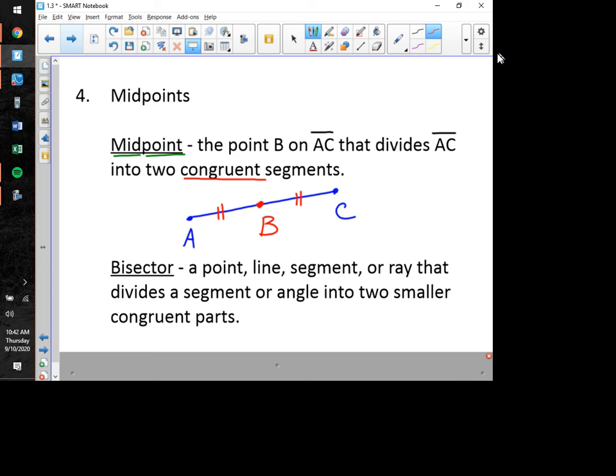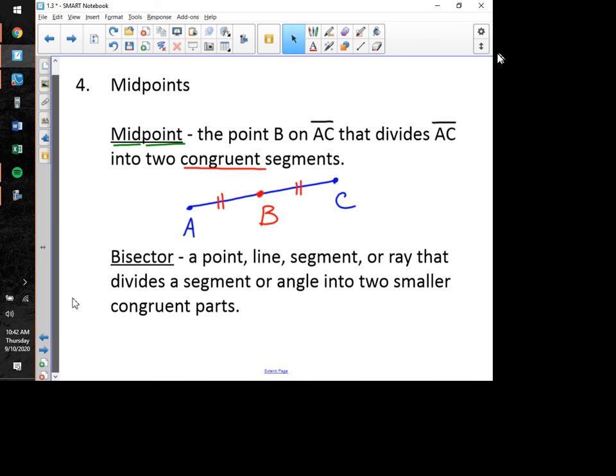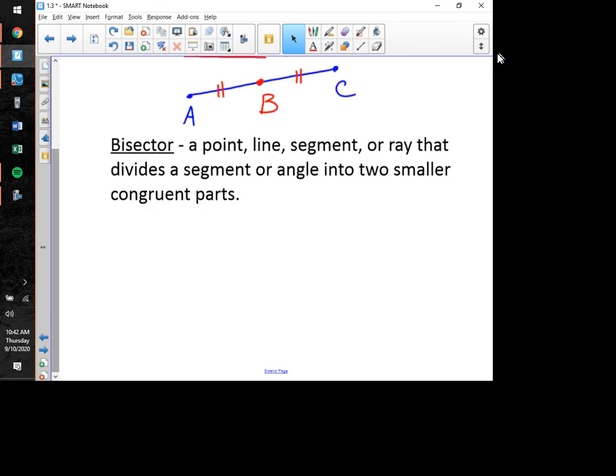Now, another word that goes along with midpoint, but is actually a slightly less specific version of that, is the word bisector. And if we think about what that word means, to bisect something, well, the word sect right there means a portion of something. And the prefix bi means two. So a bisector is something that cuts something into two equal parts.